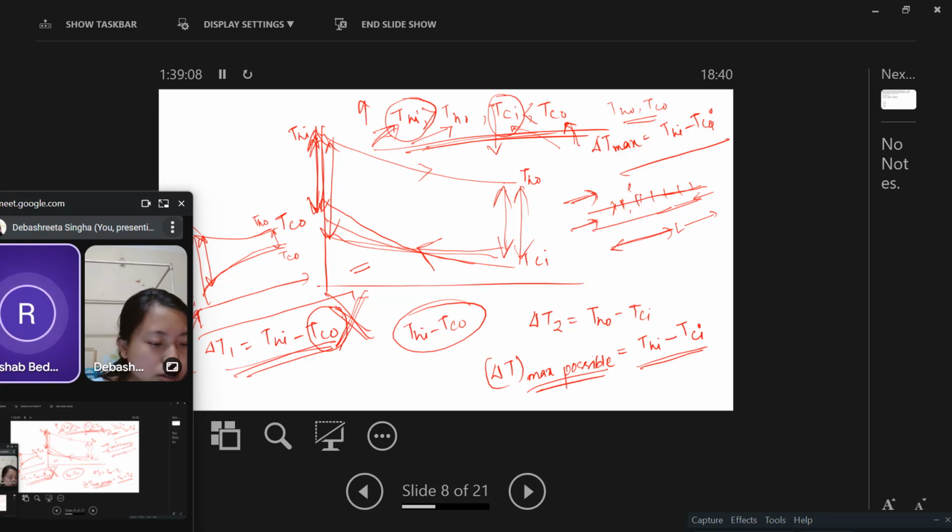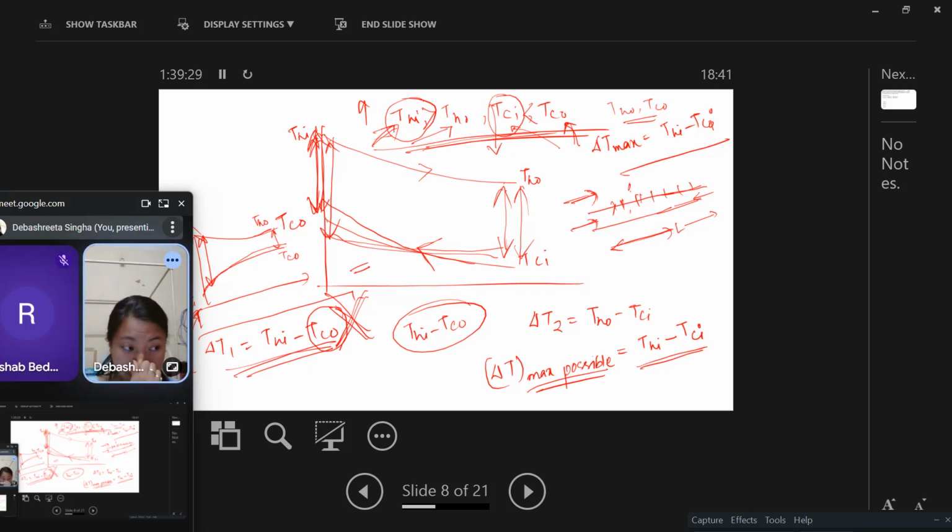It means that for the hot fluid, the inlet temperature is greater than the outlet temperature, and for the cold fluid, the outlet temperature is higher than the inlet because it is taking up the heat. And the flow is not from higher to lower region.